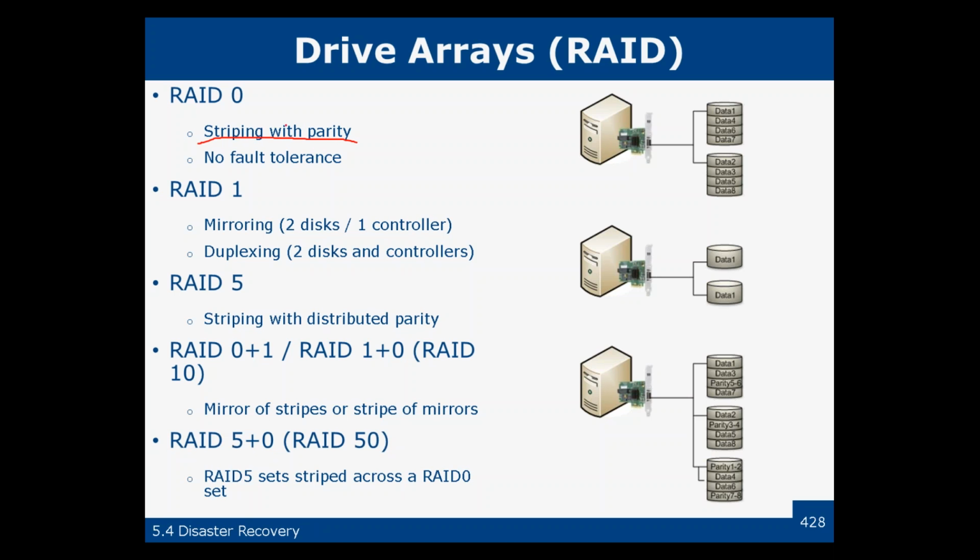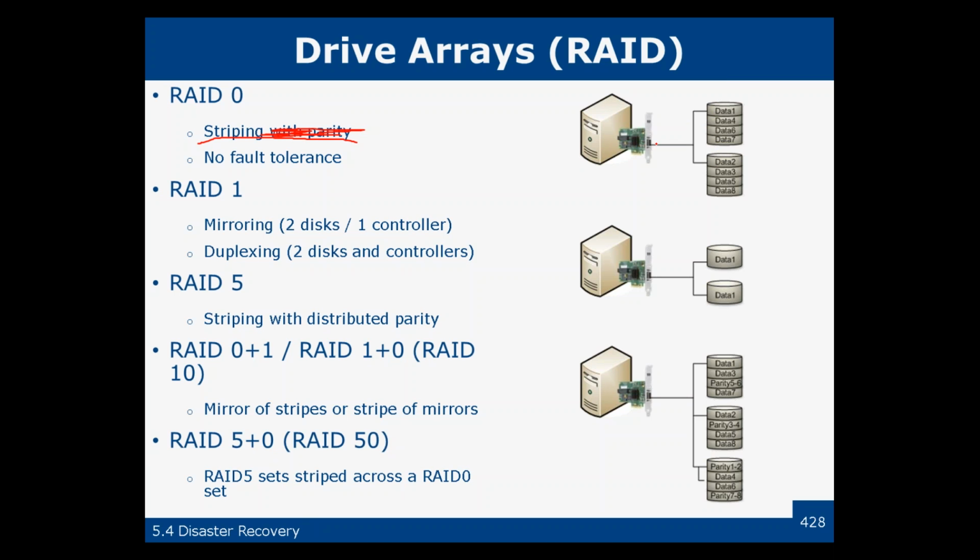Actually, it doesn't have parity because parity would allow us to get things back. RAID 5 has striping with parity. RAID 0 has striping, which is going to increase the data rate of the disks.